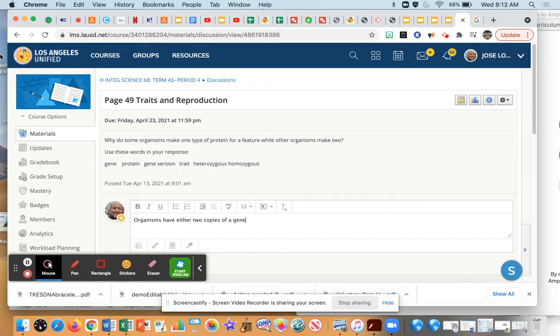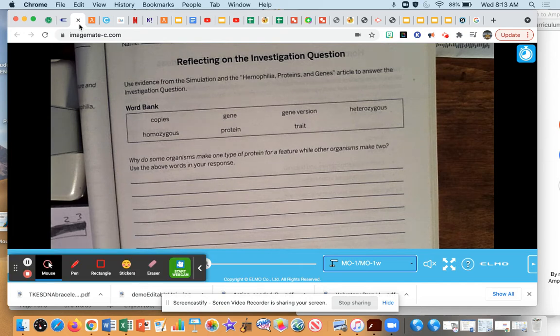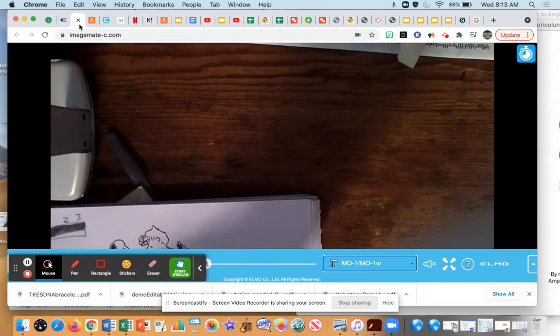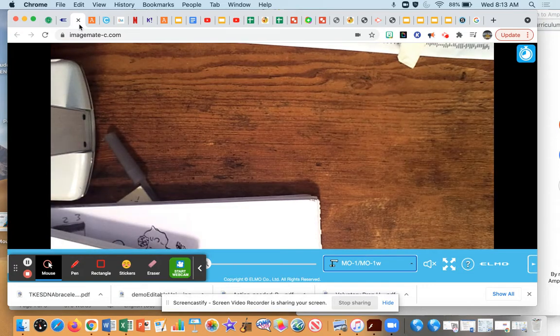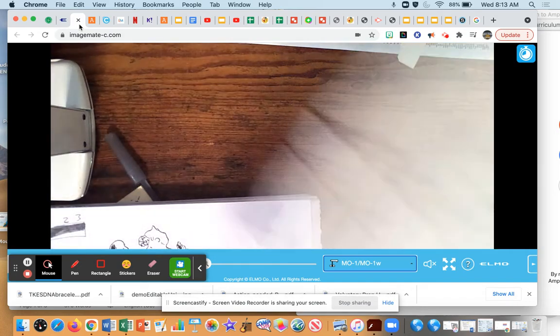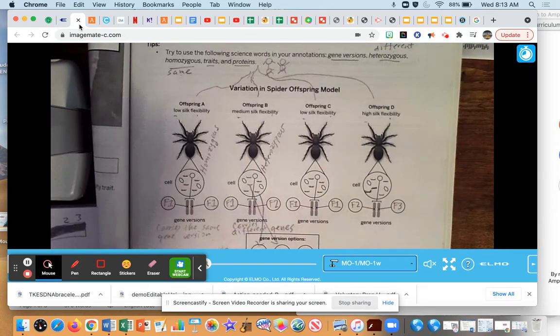What we're referring to is not this page, but this page here.